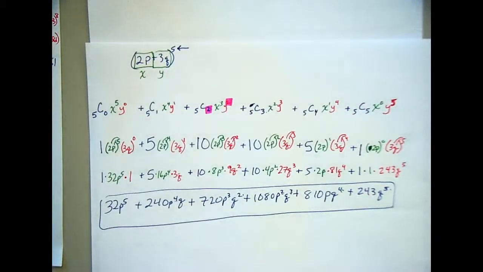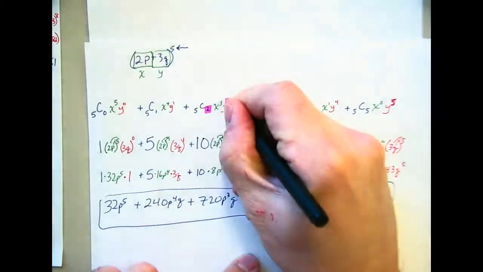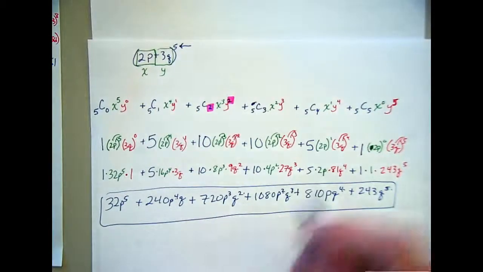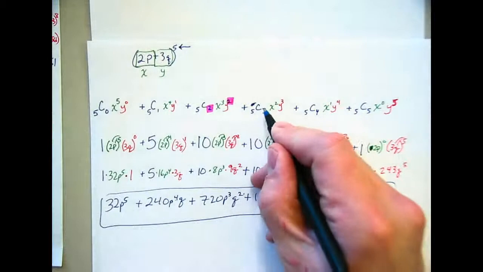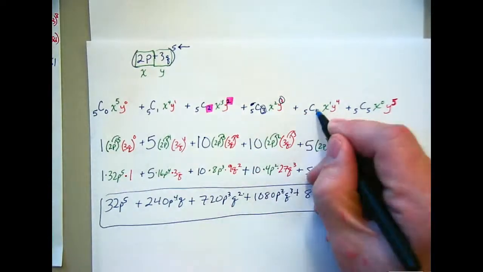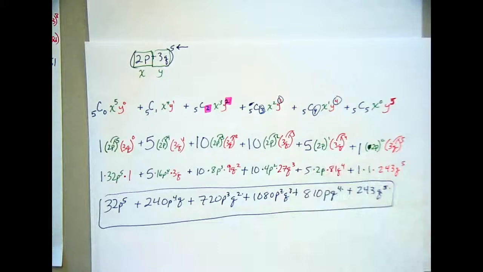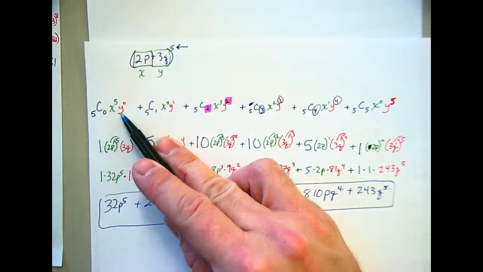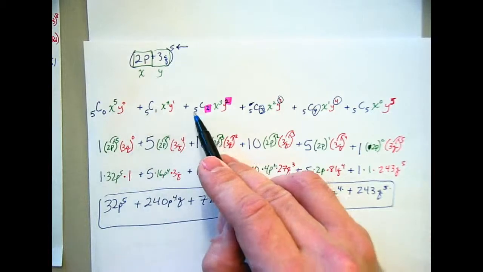Okay, that's a 2 and that's a 2. And if we've looked here, that number and that number are the same. Whoa. They're always the same. Right? So if I want to find the third term, 1, 2, 3, I'm at 5 choose 2.